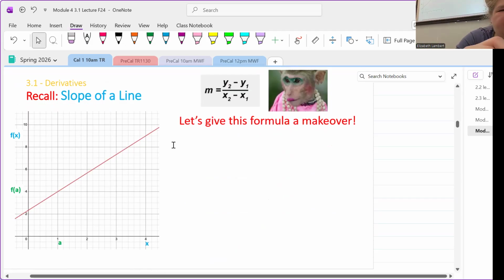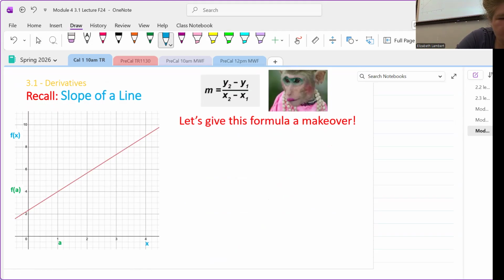So what we're going to do is pick two arbitrary points. I'm going to call the first one a, and then the function value that goes with a can be written as f of a. That just means whatever the function formula is for f, I'm putting a in that place.